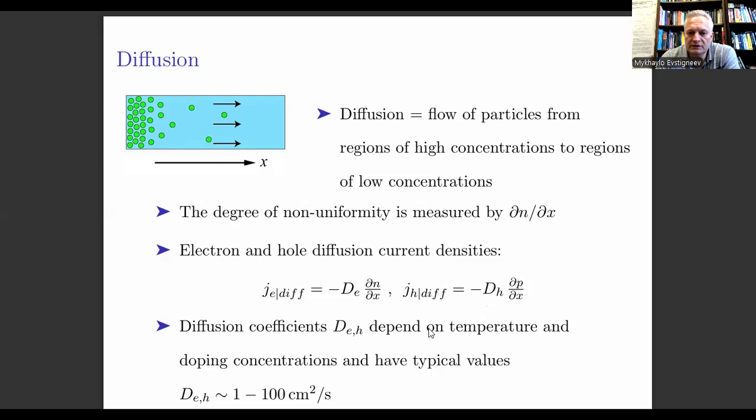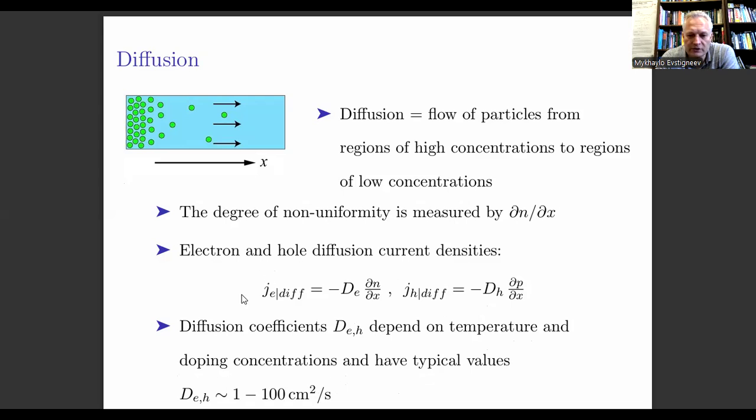The diffusion coefficients are properties of the material. They depend on parameters such as temperature and doping concentration, and they have typical values in the range of centimeters squared per second. Now, why is the diffusion coefficient measured in centimeters squared per second?